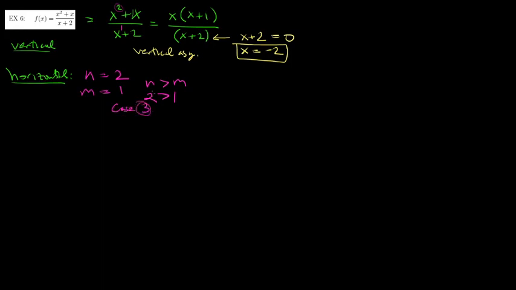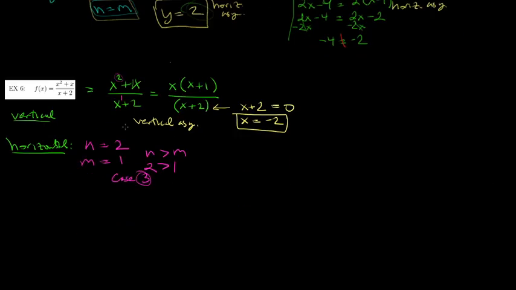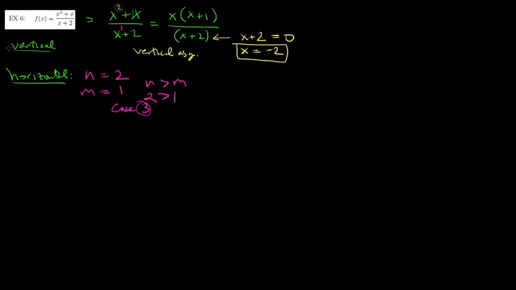So I have to go way back up here and look at what happens in case 3. When n is bigger than m, the conclusion is that there is no horizontal asymptote. So essentially that's our answer: this graph has no horizontal asymptote.